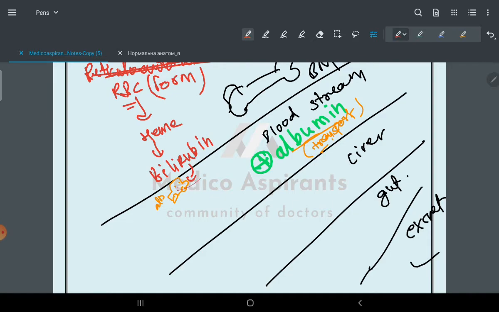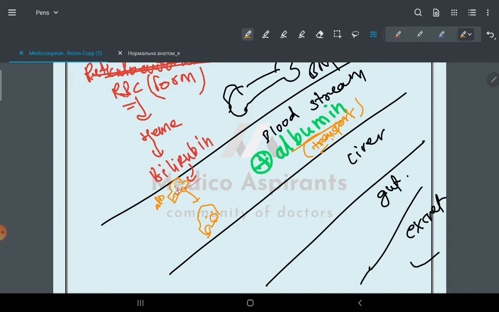It picks up the bilirubin molecule and drops it at the gate of the liver. That is the only function of albumin here, but from a question point of view, it is very important.